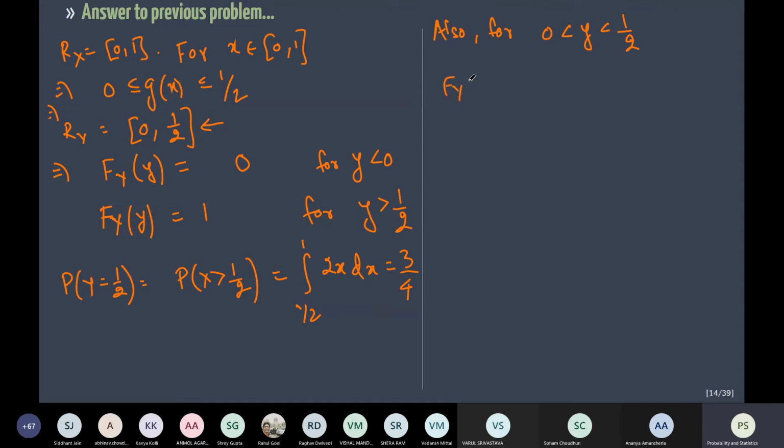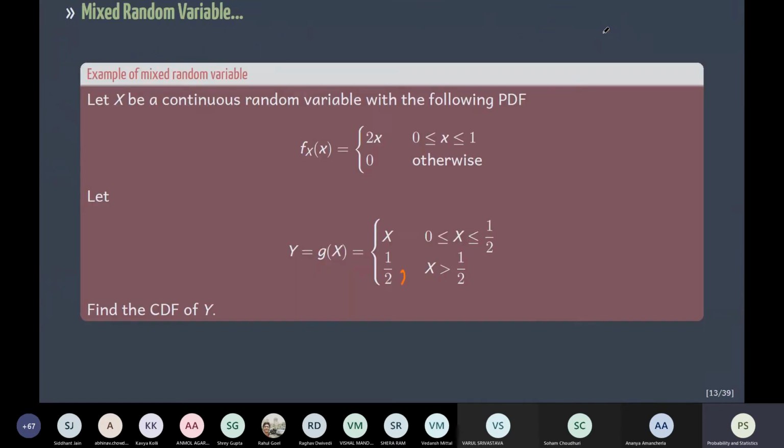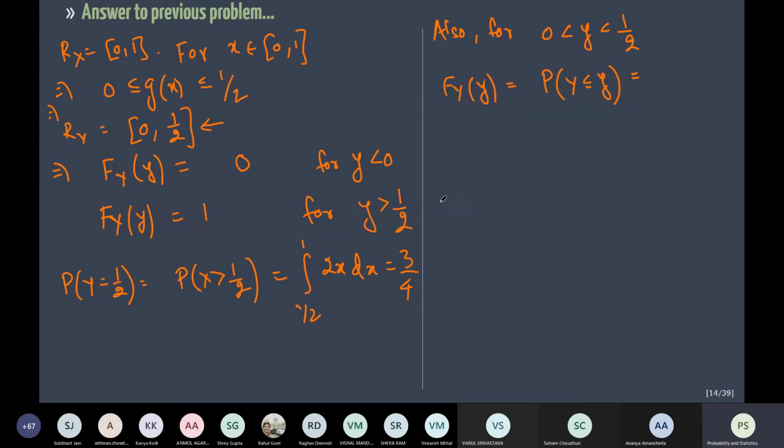So F_Y(y) in this range is the probability that Y is less than or equal to y, and this is the same thing as y between 0 and half, because for y between 0 and half, Y is identically equal to X, right?